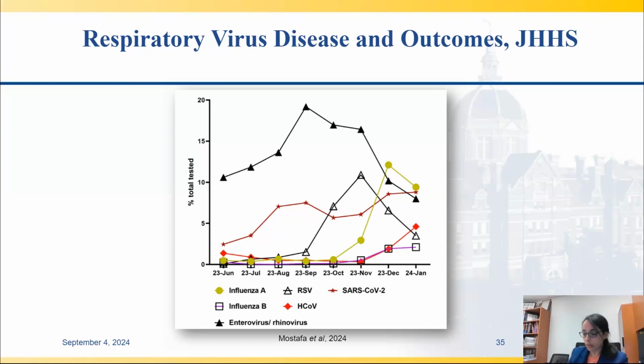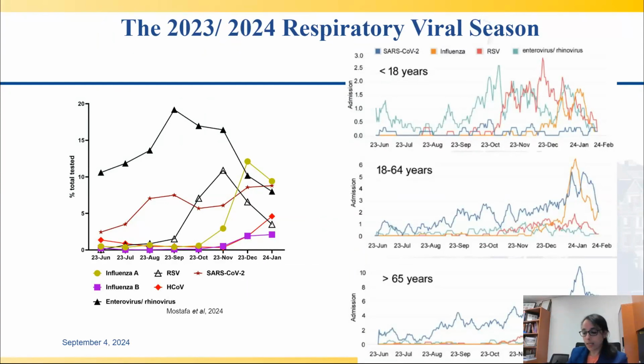We were concerned about the emergence of novel SARS-CoV-2 variants, particularly JN.2 at that time, and we thought this was a significant factor contributing to the rise of COVID-19 cases. But when we analyzed the data to look specifically into the clinical outcomes, we saw that in our system, admissions in the age groups younger than 18 were primarily associated with enterovirus and RSV.